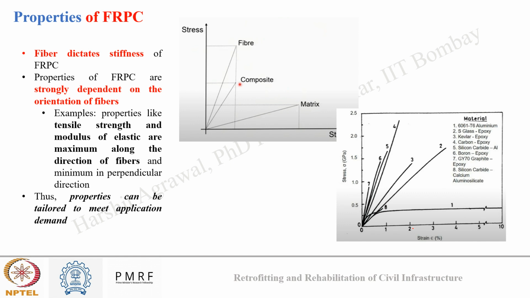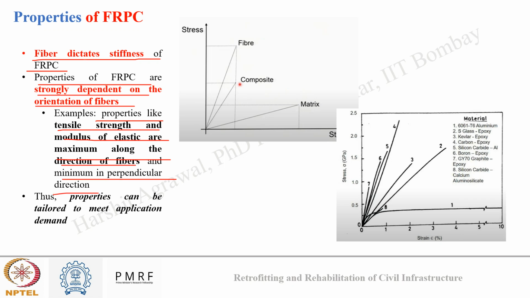Based on the properties of the individual components, the properties of bulk FRPCs are dictated, and thus it can be said that the fibers dictate the stiffness of the FRPC, and the properties of fibers are strongly dependent upon the orientation of fibers. For example, tensile strength and modulus of elasticity are maximal along the direction of the fiber and minimum along the perpendicular direction.